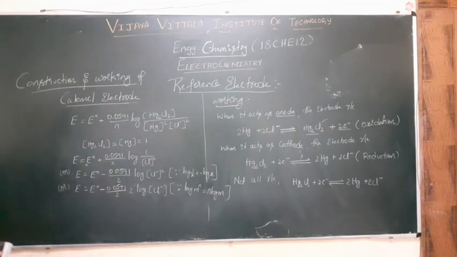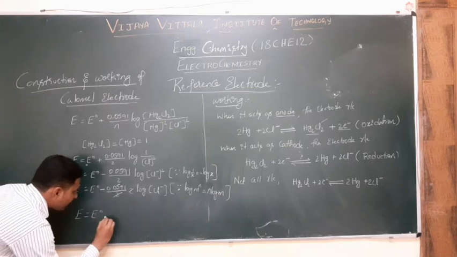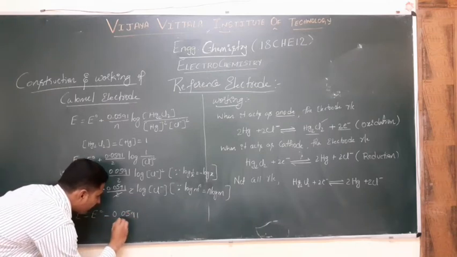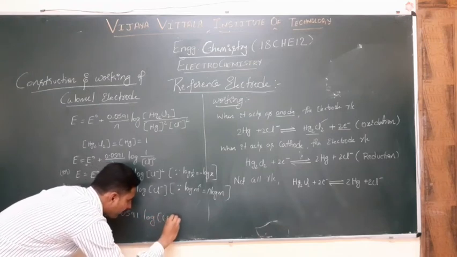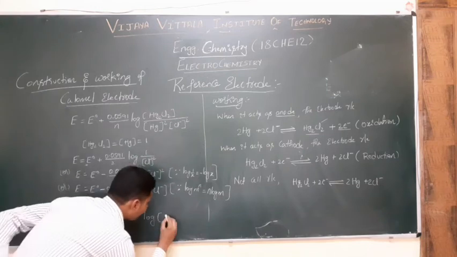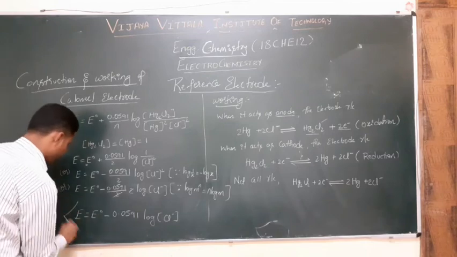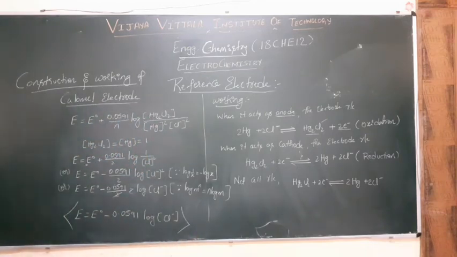So these two get cancelled. We will get E is equal to E naught minus 0.0591 into log molar concentration of chloride ion, that is Cl minus ion. So this is the electrode potential.